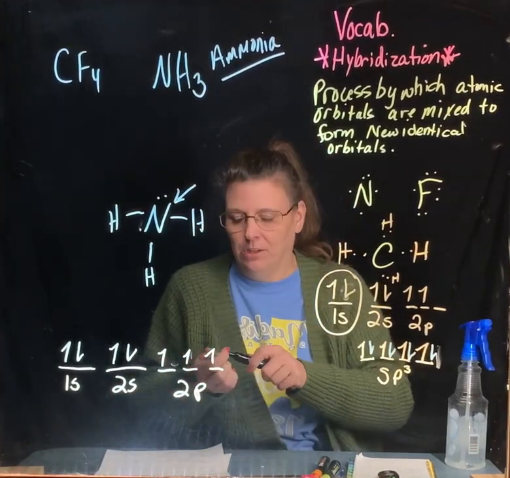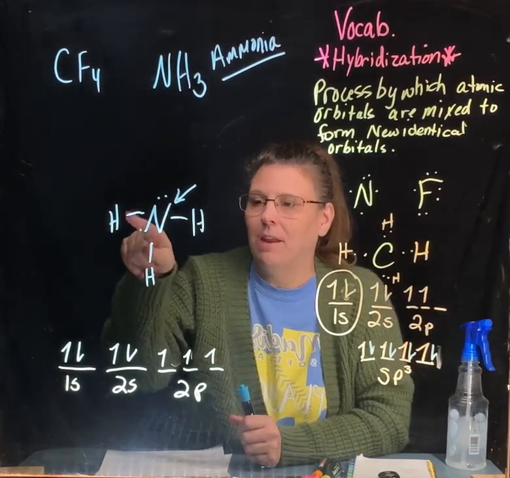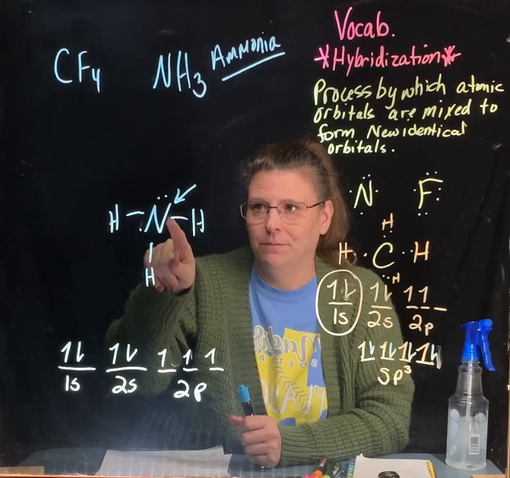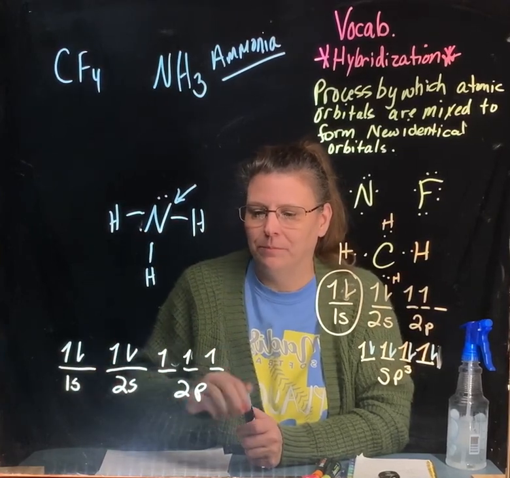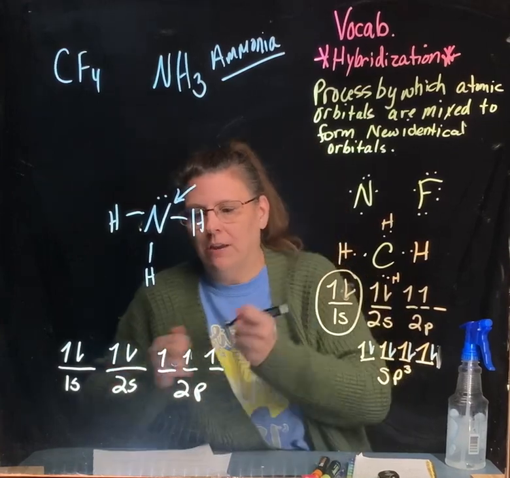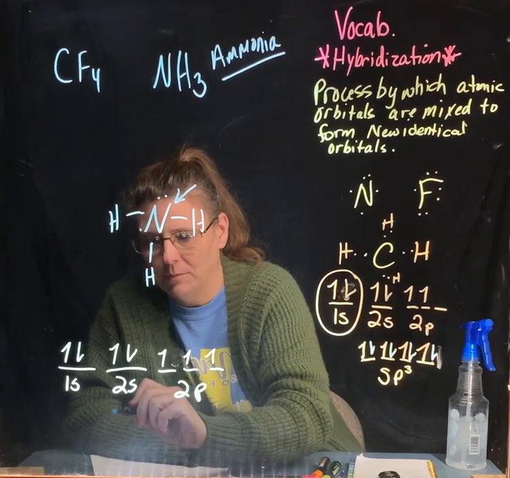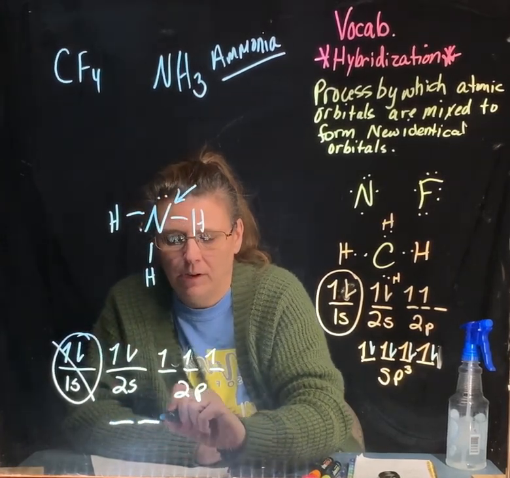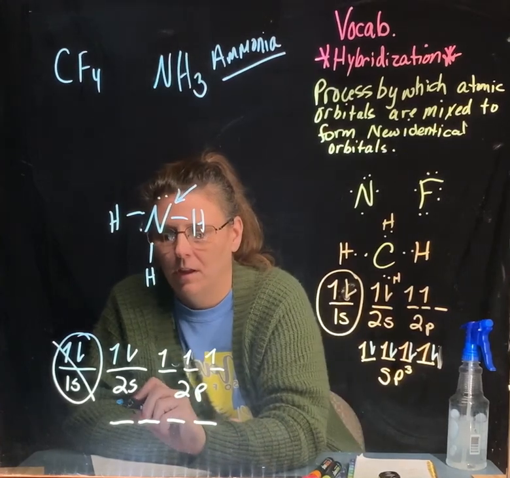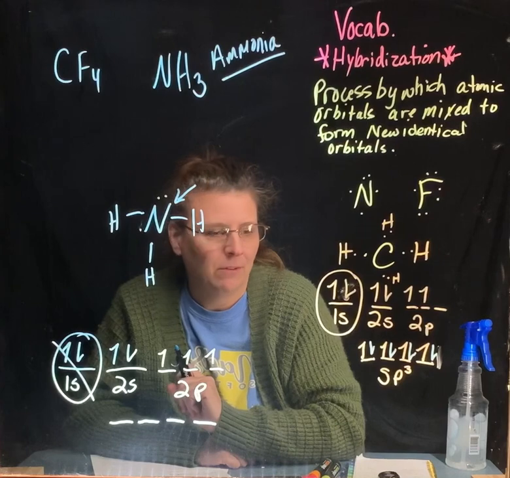Okay, so here's what we have. We're looking at this nitrogen, right? It looks like we have 3 bonding pairs and 1 lone pair. Down here, how does it represent? Well, if we hybridize and squeeze these 2 together, we're not going to worry about this. We're taking 1 from here and 3 from here.